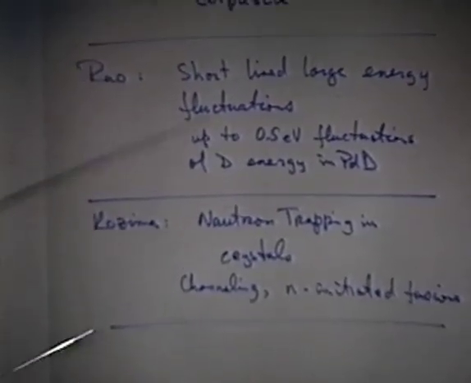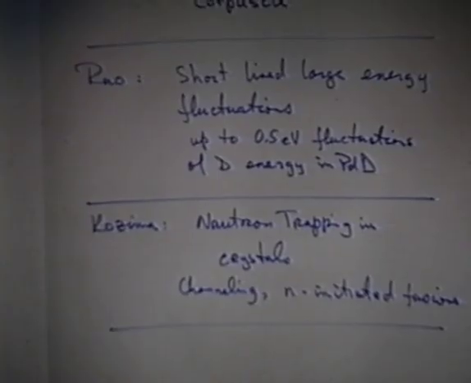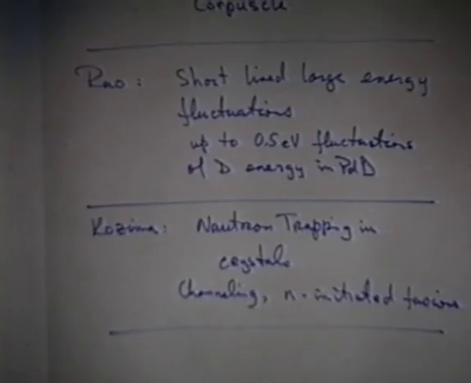The next paper, the basic idea is that if you have a lattice, things vibrate and you have fluctuations. If you have a large number of atoms and energy is distributed statistically, there's a small probability of having highly energetic systems. And this fellow has done a simulation of, I think, 400 bodies and calculated the fluctuations and demonstrated energy fluctuations on the order of half a volt.